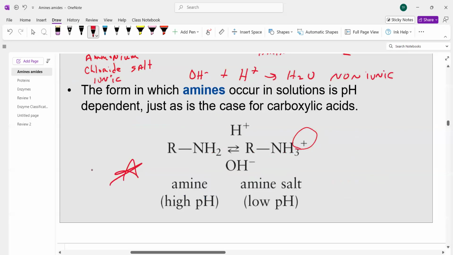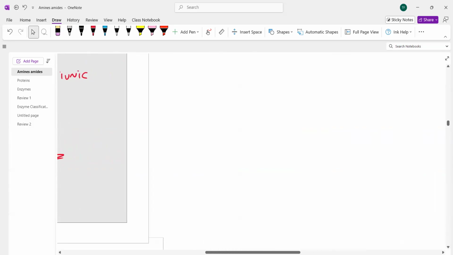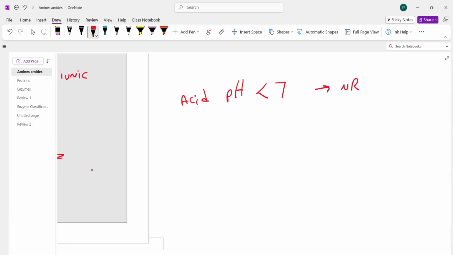Okay, so if we have a carboxylic acid and the pH is less than 7, we get no reaction. We have an acid, pH is greater than 7, we form an ionic, now called a conjugate base, but basically, let's just say ion. It becomes ionic anyway.